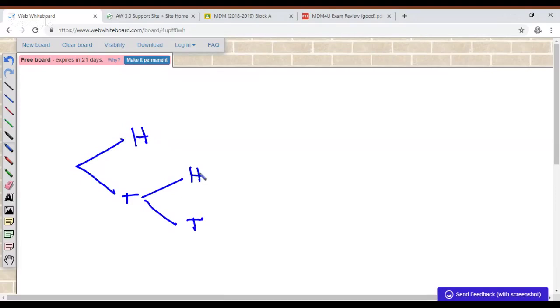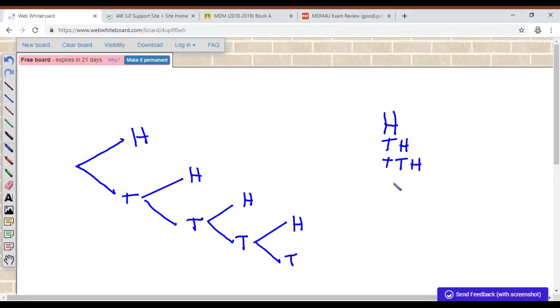If I get heads, I stop. But if I get tails, I keep going. Heads or tails. If I get heads, I stop. If I get tails, I keep going. And this is now my 4th coin toss, so I stop no matter what. So this is one where you would need a tree diagram, because the outcomes are very strange and difficult to count without it, because these are all possible outcomes.